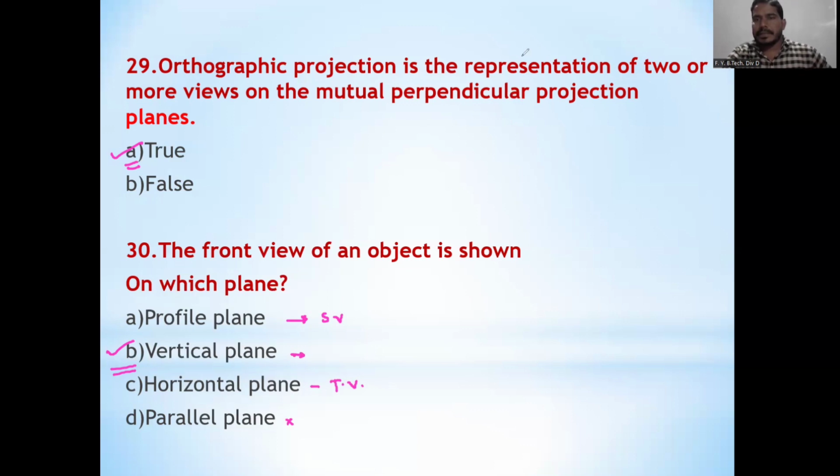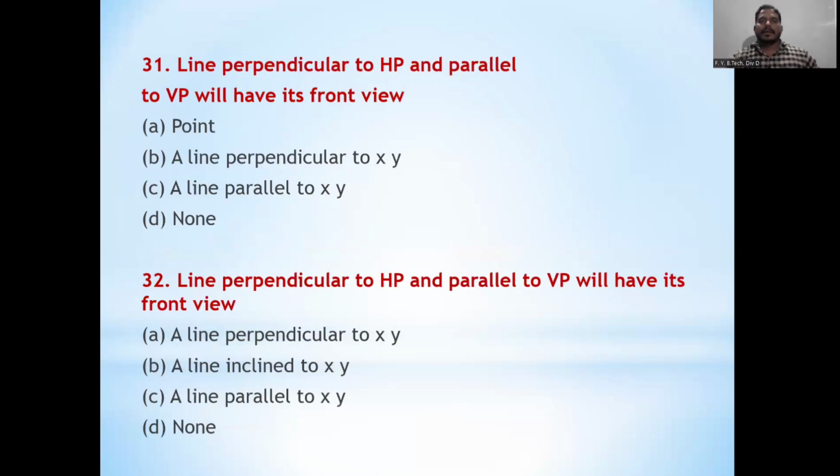Okay, let's see the next one. Here, the line perpendicular to HP and parallel to VP will have its front view. We can check the possibilities. The line is perpendicular to HP and parallel to the VP.